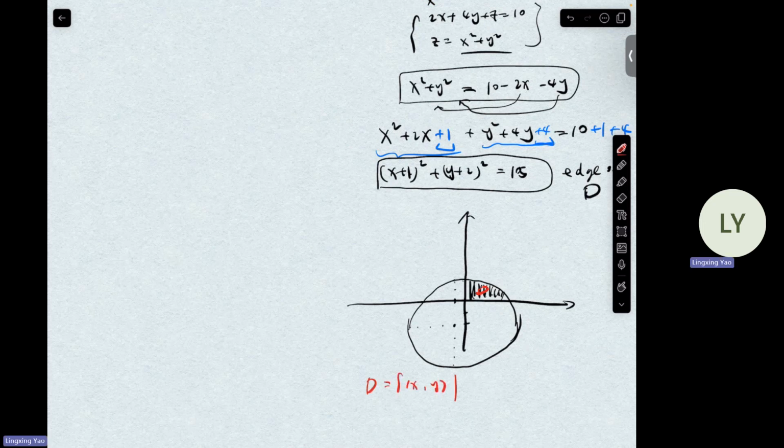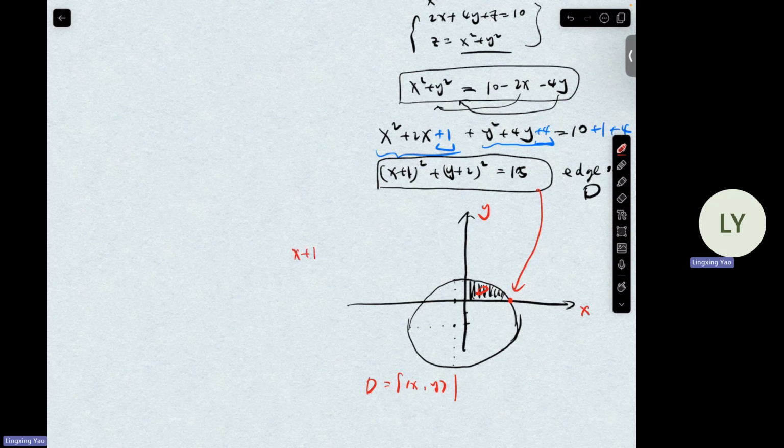Okay, we can see what we need to find is this point of intersection, so this is the x, this is the y, and this circle is obtained from there. So we just need to find the x value when we set y equals 0, right? So how do we do that?